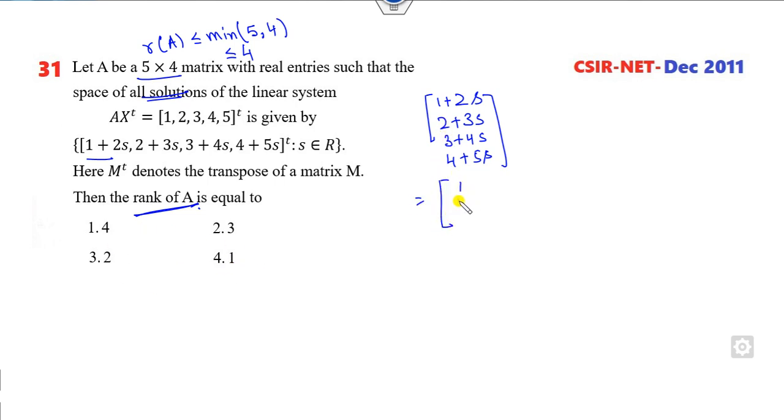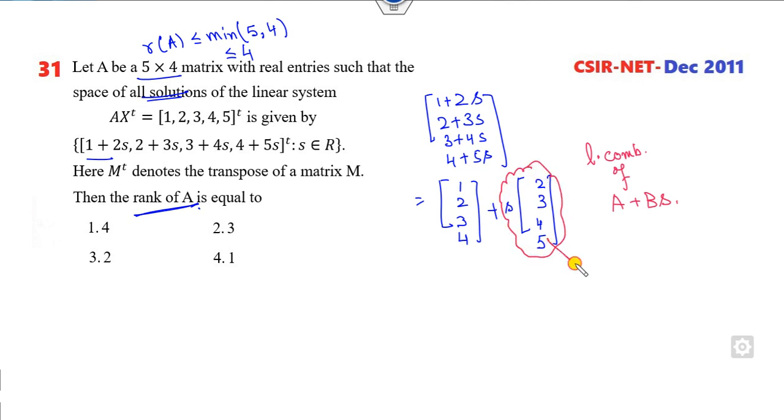I can write this as of this nature. I can take s as common: 2, 3, 4 and 5. So what is that? This is the linear combination of the vectors, A plus B s. Whenever there is a form of A plus B s, this will give you the nullity.